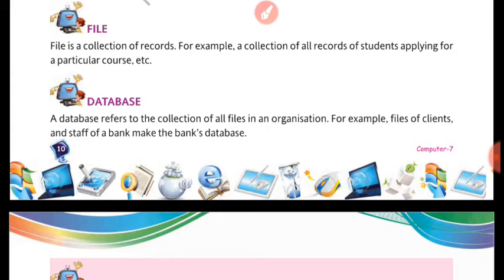Remember, the smallest unit of data storage in the computer system is a bit. More than that, bytes, a group of bits. Then field, then record, after that file, and after that database. So database is a large collection of the data. This is very, very important in the computer.